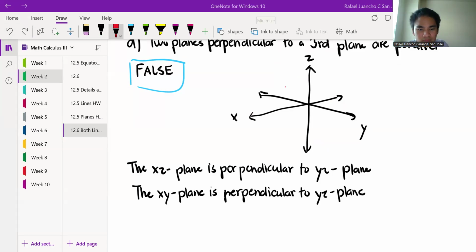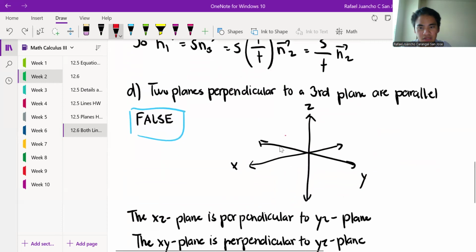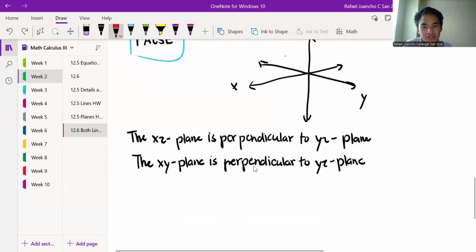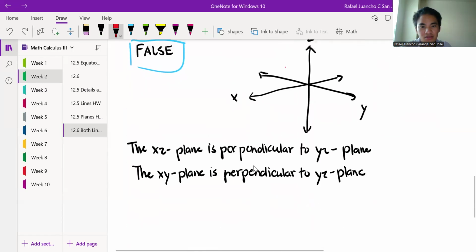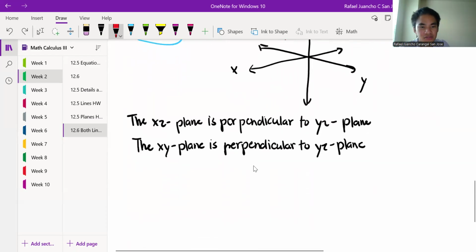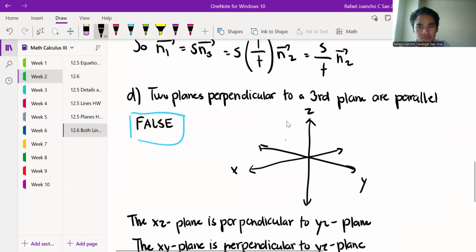Yeah, here the idea is that even though the xz plane is perpendicular to yz plane, and the xy plane is also perpendicular to yz plane, the xz plane and the xy plane are not parallel to each other, right?